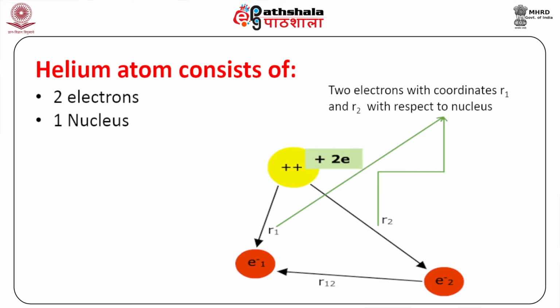The helium atom has 2 electrons with coordinates r1 and r2 with respect to nucleus, which carries plus 2e charge, that is Z is equal to 2.